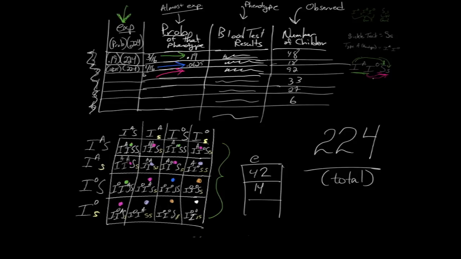Sorry, my bad. Somebody do the math. 0.375. 0.38. Okay. 38% of what? Notice how I already knew it was 38%. Of 224. What's that number? 84. So 84 is what I expect there.